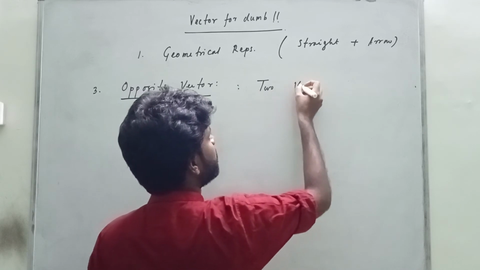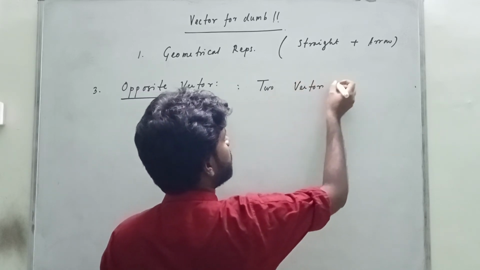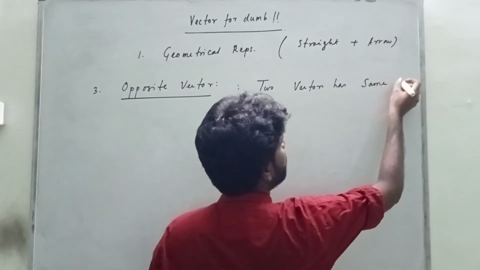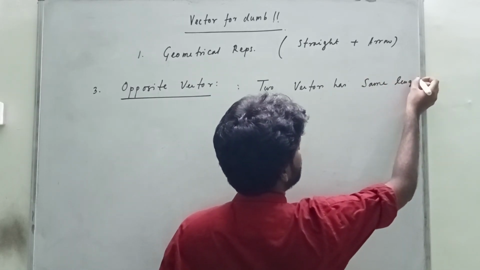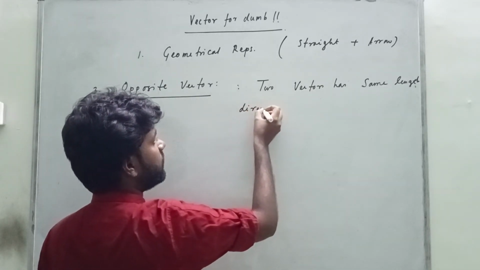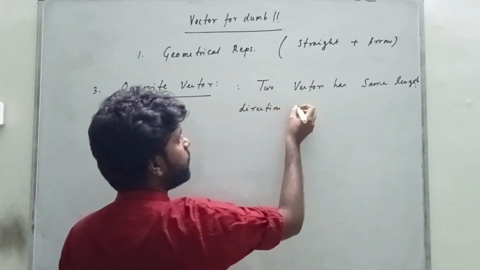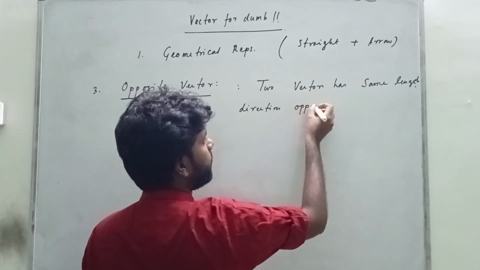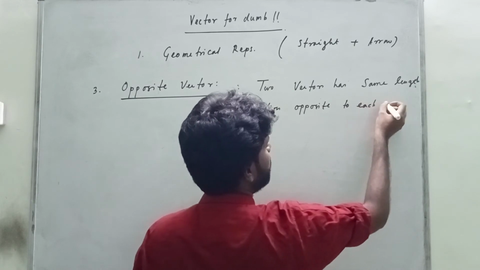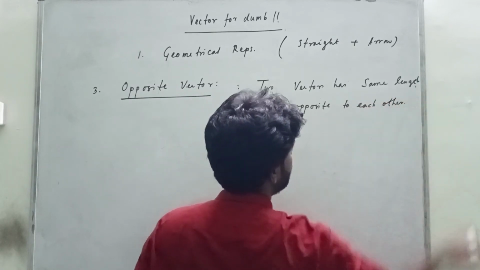The definition of opposite vectors: two vectors have the same length, but the directions are opposite to each other. The direction will be opposite to each other, right?